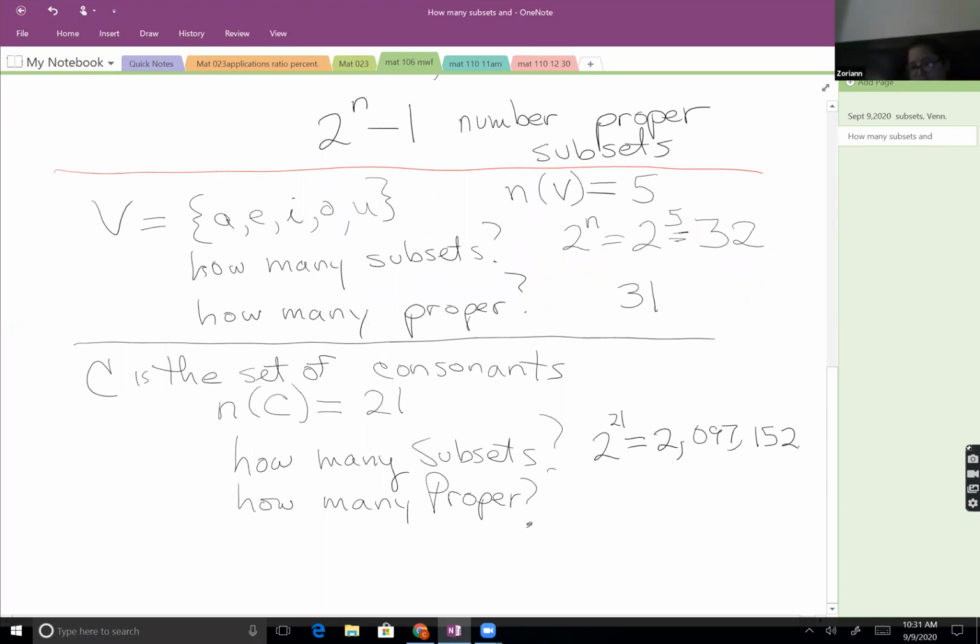That's a lot. Do you guys want to start listing them? No, that was a bad joke. Of those, how many are proper? I'm going to just take one away, so that gives me 2,097,151.